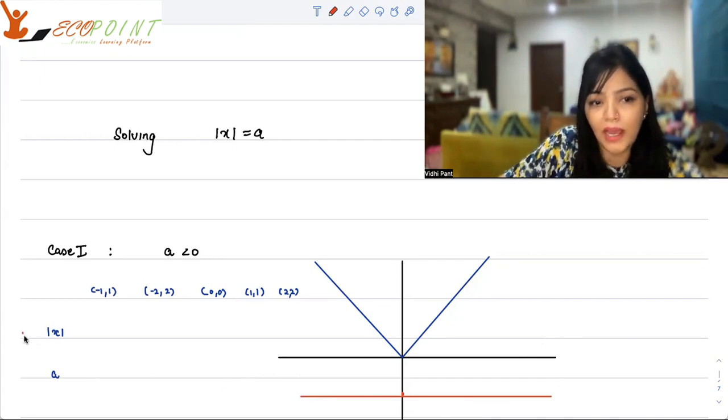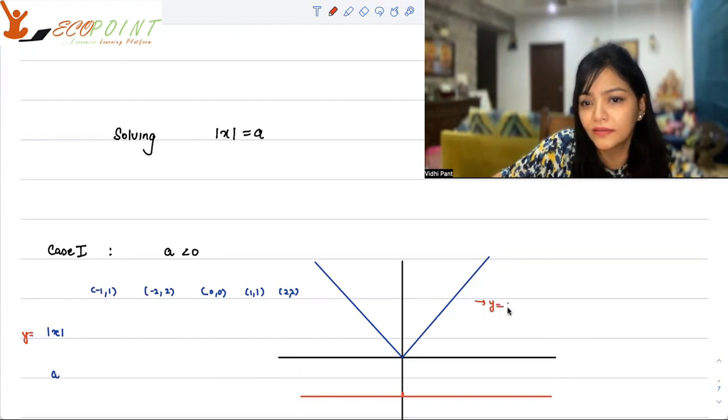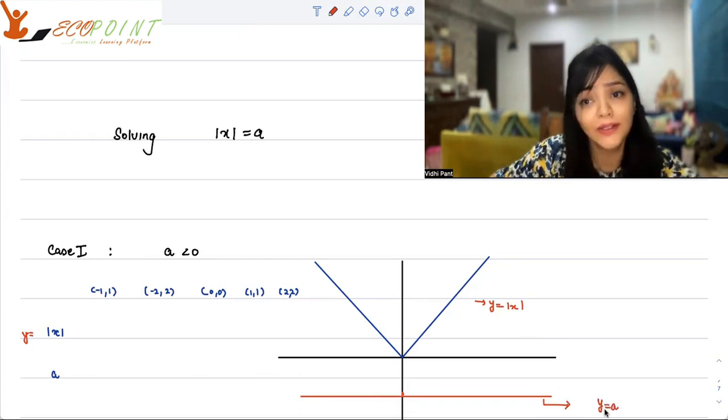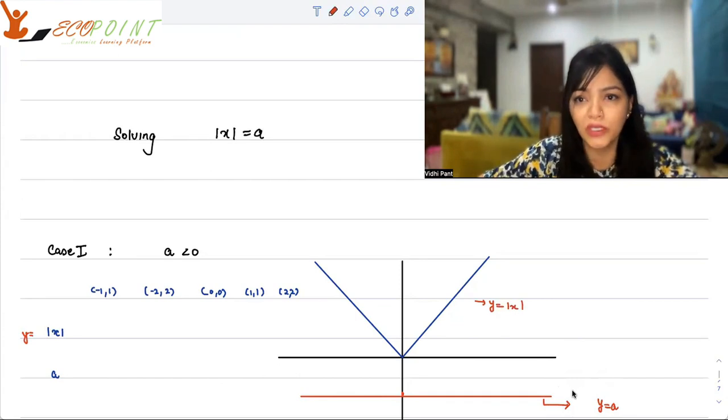Function y equals to mod x looks like this. And let's take it as a different function. Y equals to a looks like this. What do we want? We want these two functions to be equal. Is that happening anywhere?